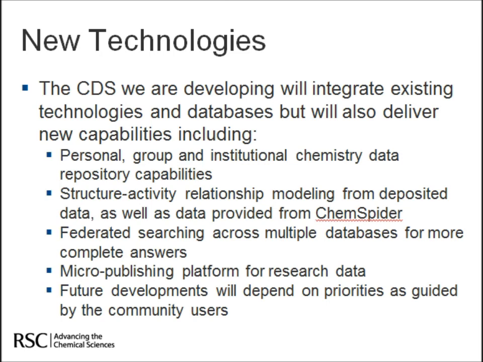For example, you may be aware of the ChemSpider Synthetic Pages platform that we've discussed earlier in this video. That is already a micro-publishing platform for chemical syntheses. Of course, future developments will depend on priorities that have been provided to us from the community of users, and we look forward to engaging you in those discussions.